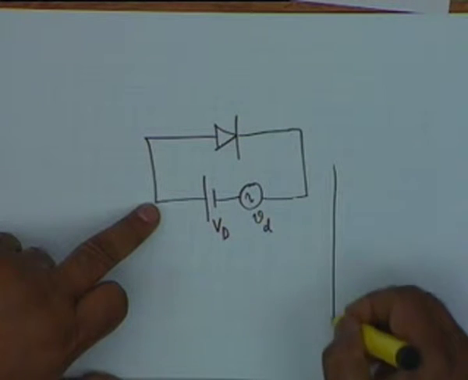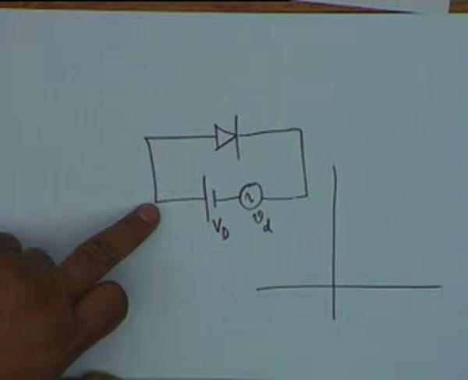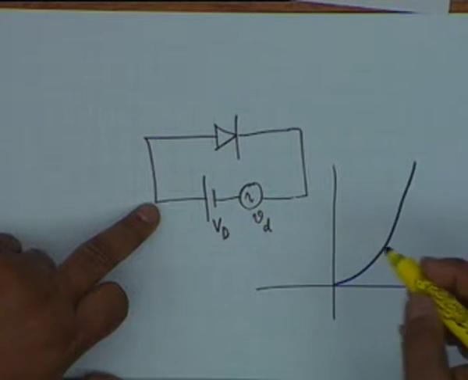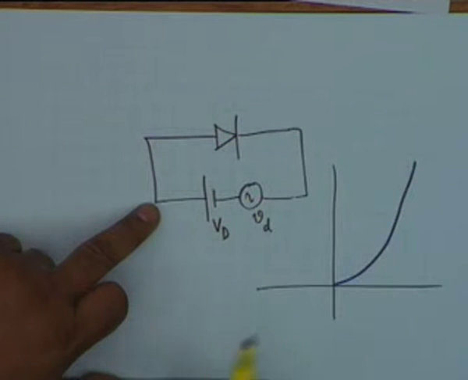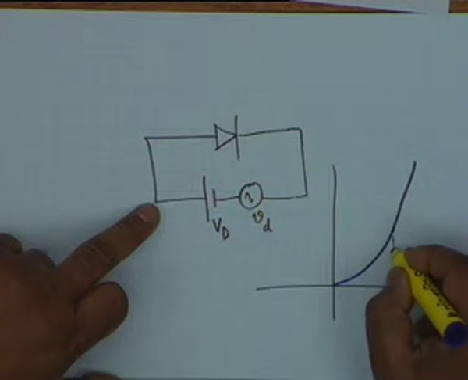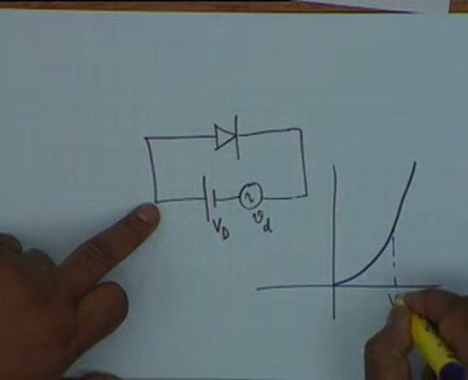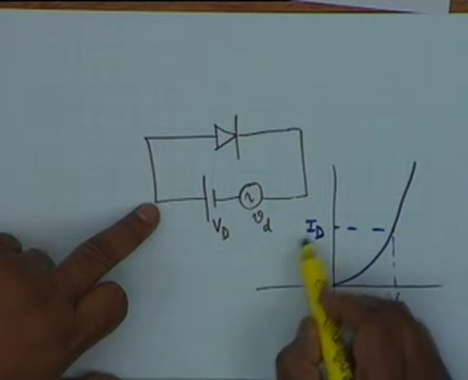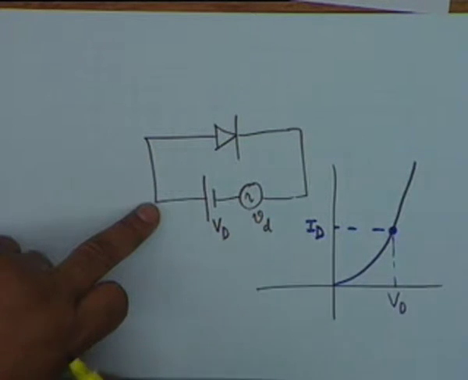Then the Q point is obtained first, by drawing the characteristics and then ignoring the signal. That is, you find out the point at which V is equal to V_D, then this current capital I sub D determines the Q point, the operating point, and on this operating point you superimpose a small signal.